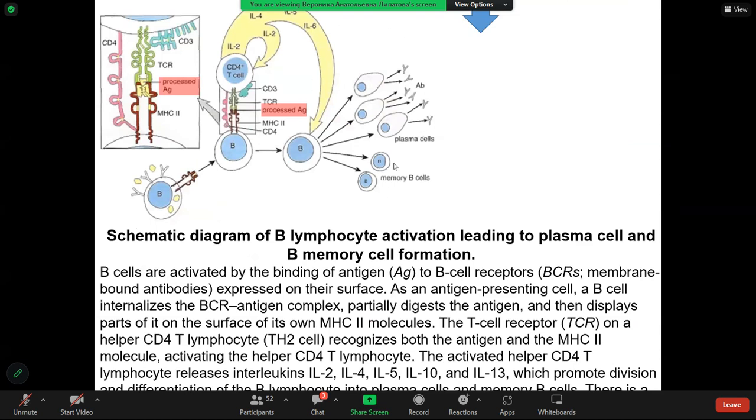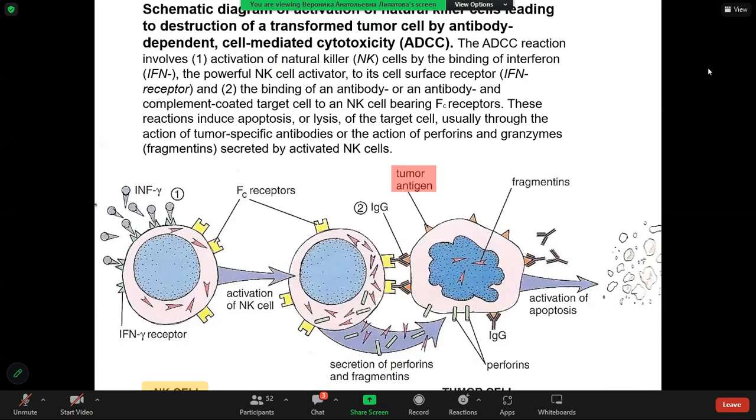Here we can see the same and a brief description. Take a photo if it's necessary, and I'll continue.